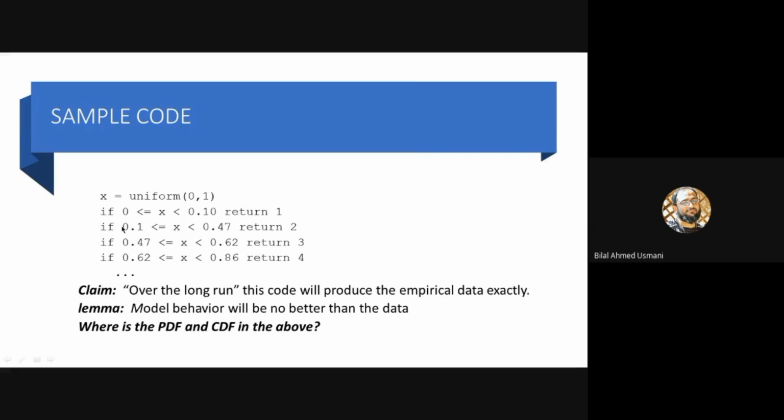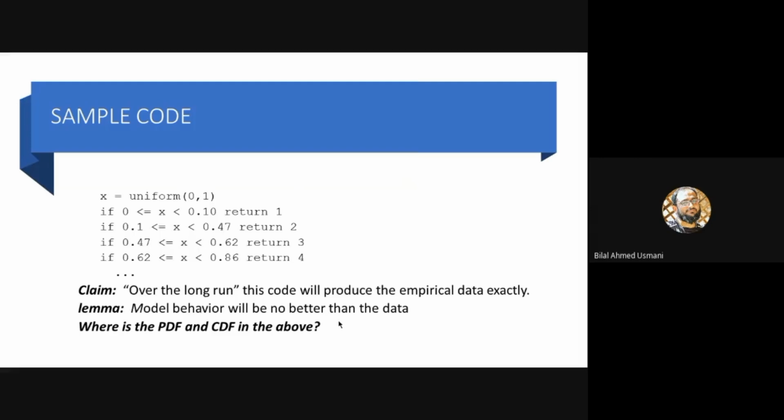If the value of x is between 0.1 and 0.7, return 2, and so on and so forth. Over the long run, this will produce the empirical data exactly. Model behavior will not be better than the data, of course. We cannot have a model which works better than the data. The data will always be the best representation.